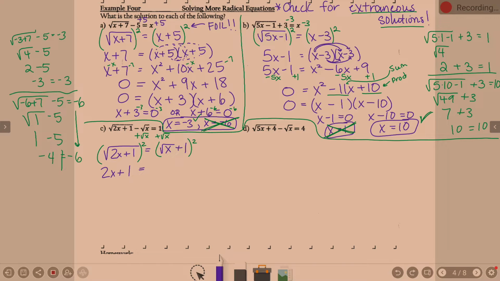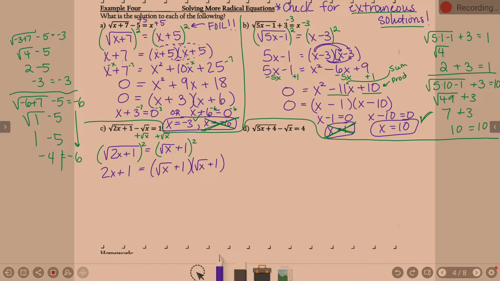On the right, are we squaring just a square root? No, we are not. So, this falls into the category more of we need to FOIL. We need to distribute. As I said, this is the tricky kind right here.